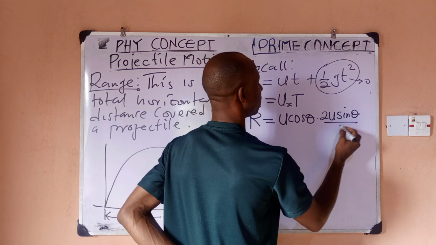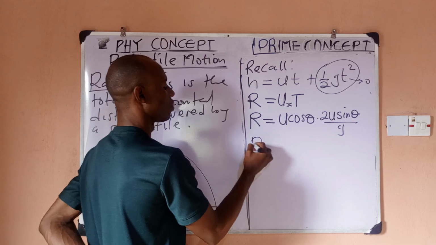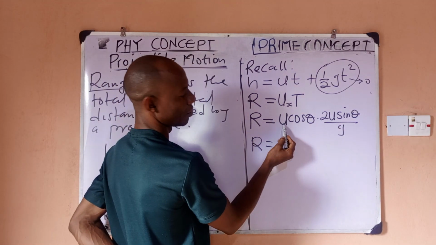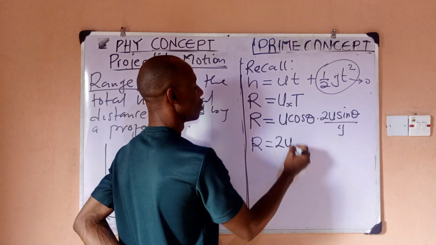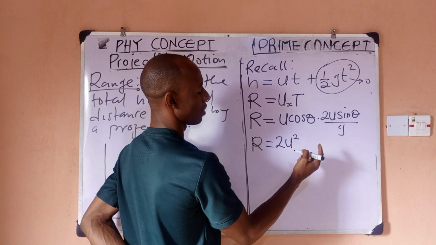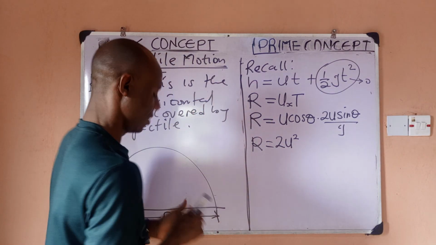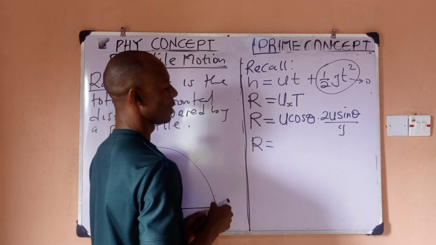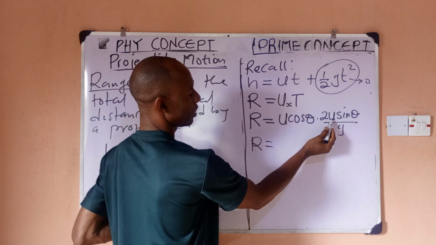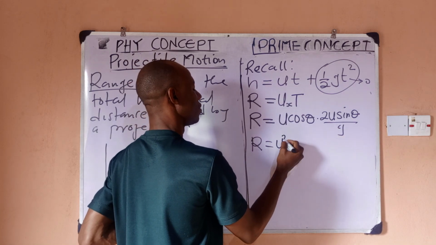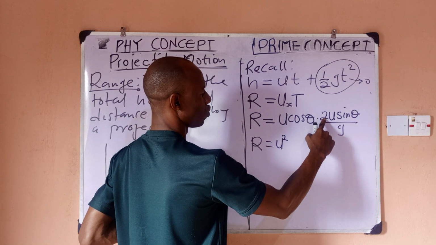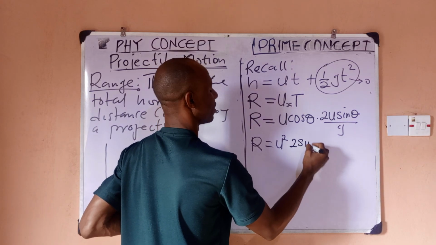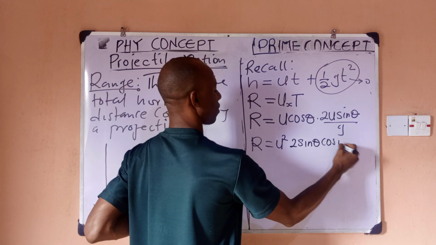So it means we can then say that, watch what I'm going to do, U times U is going to give me U squared. Then 2 sine theta times cos theta is going to be 2 sine theta cos theta, all divided by what now? g.